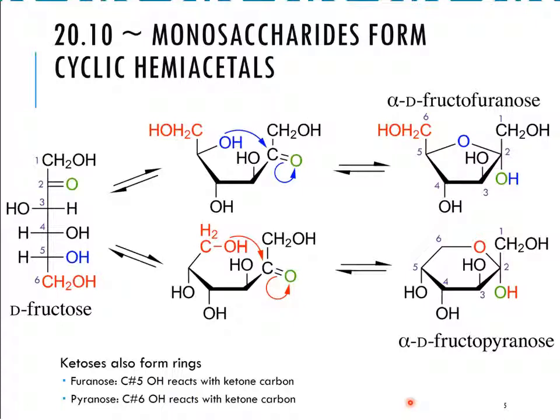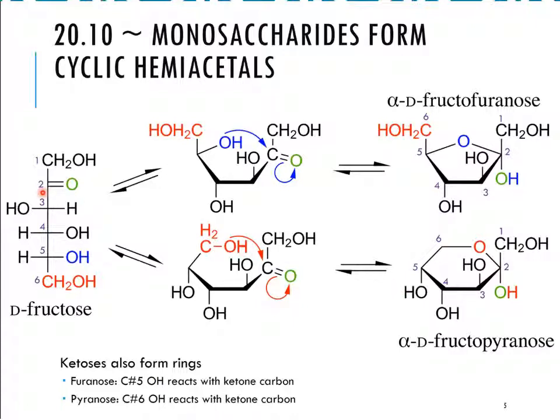Now, I did say that we could do this with ketoses as well. And really, the biggest difference here is that we will have this additional carbon group sticking off of the ring, and which carbons we're using is going to change a little bit. So we have D-fructose turning into a furanose and a pyranose ring.